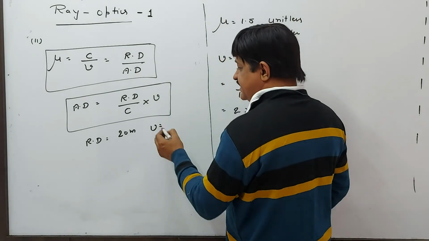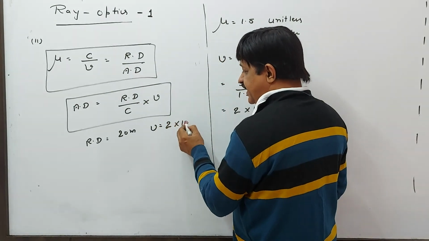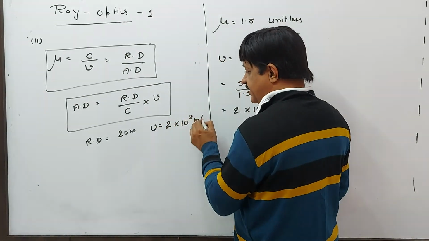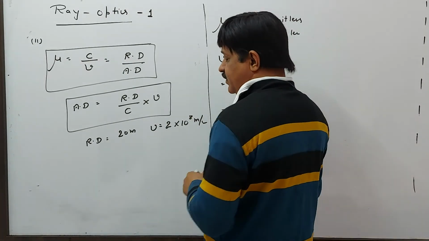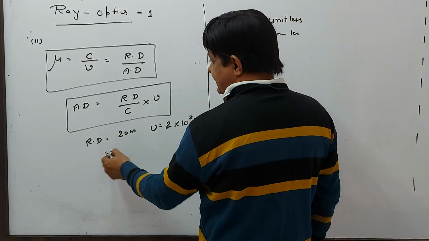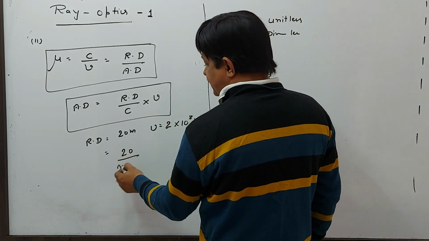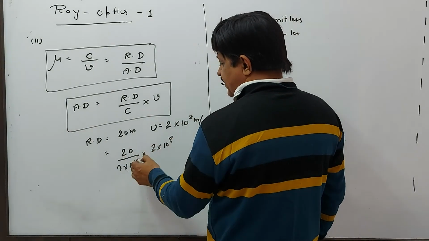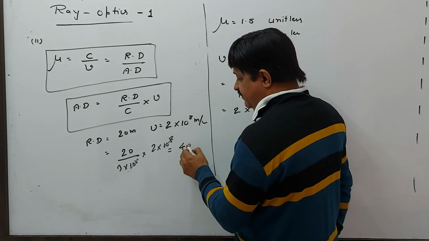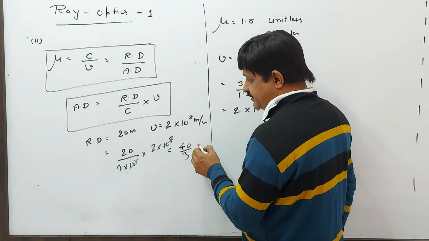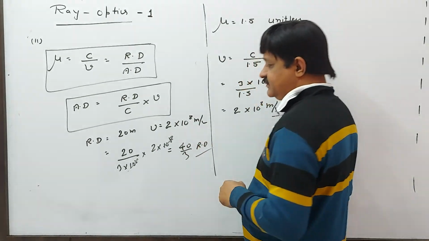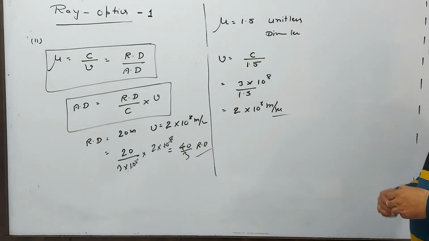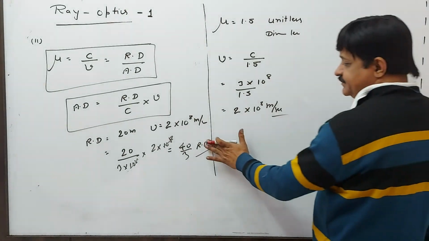Velocity in that medium is given as 2 into 10 raised to power 8 meter per second. What will be the apparent depth? Now we can directly write 20 into 2 into 10 raised to power 8 upon 3 into 10 raised to power 8. This will cancel. You can write 40 upon 3 as the apparent depth.